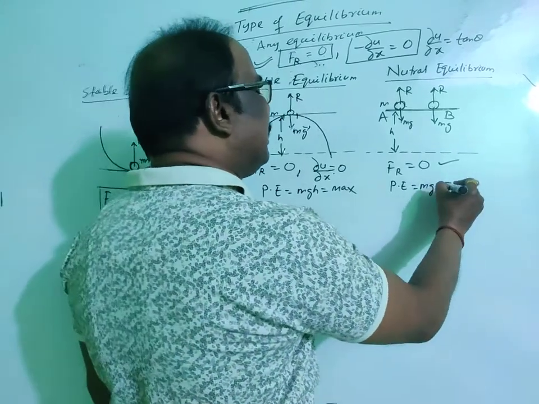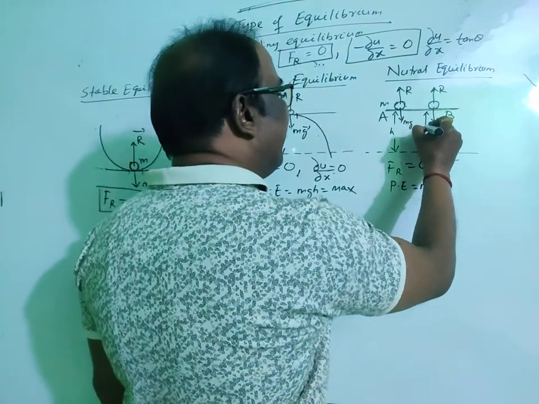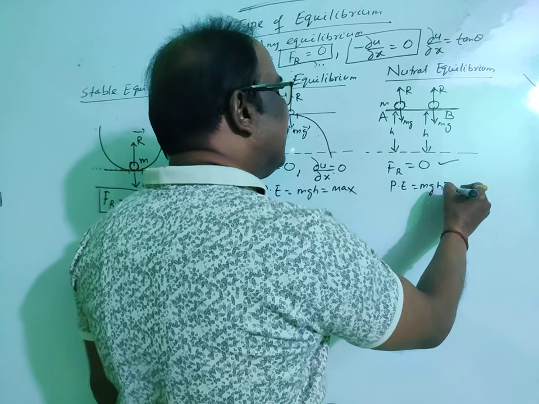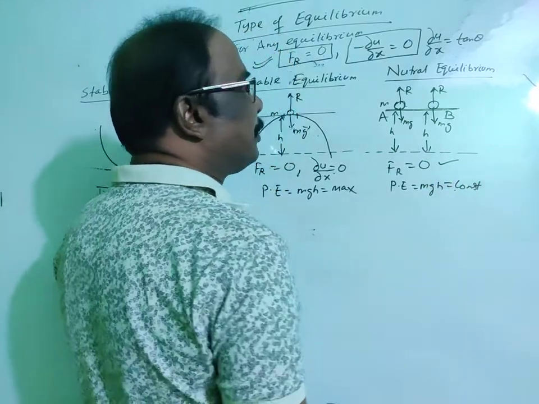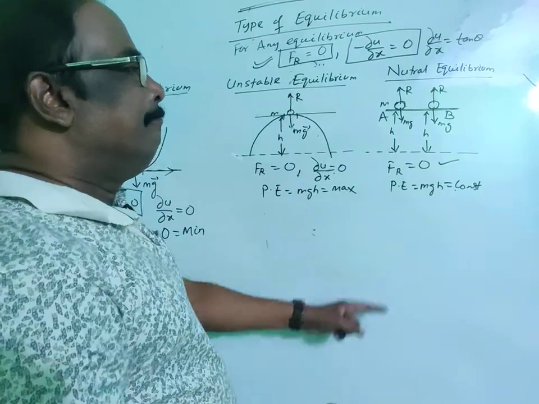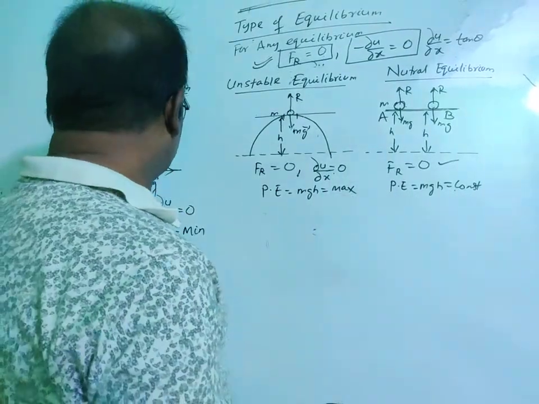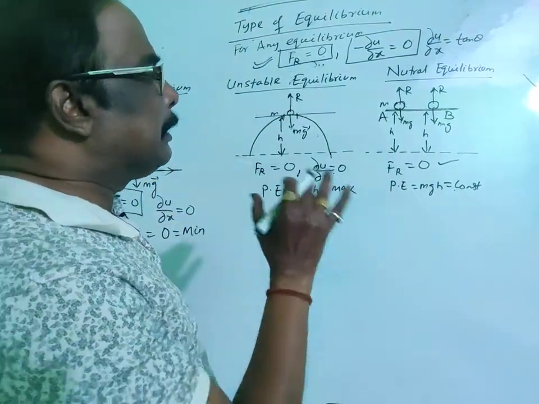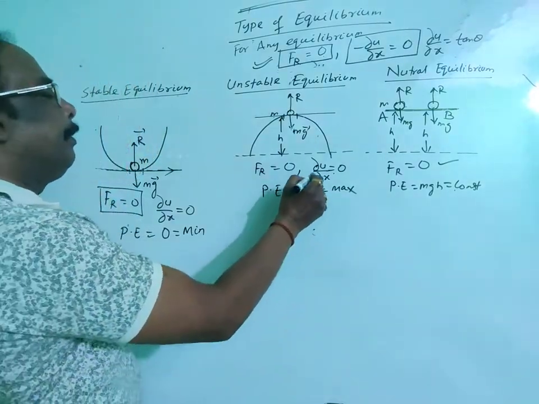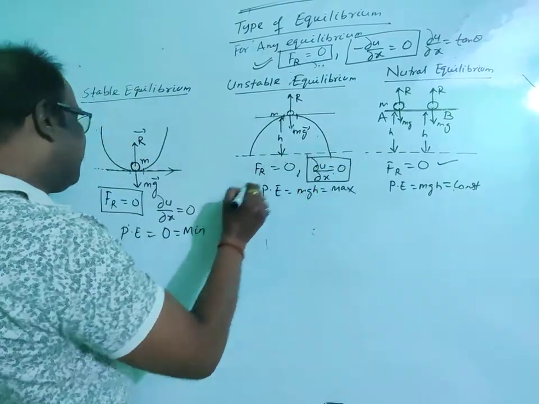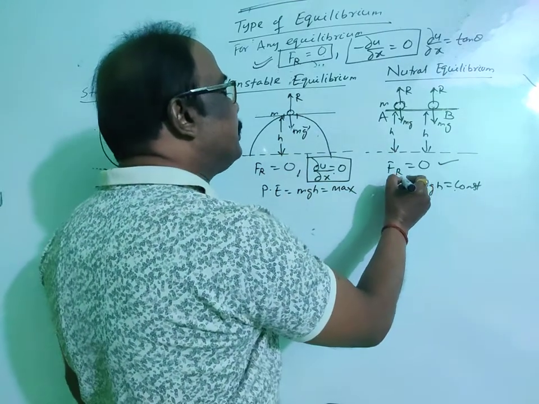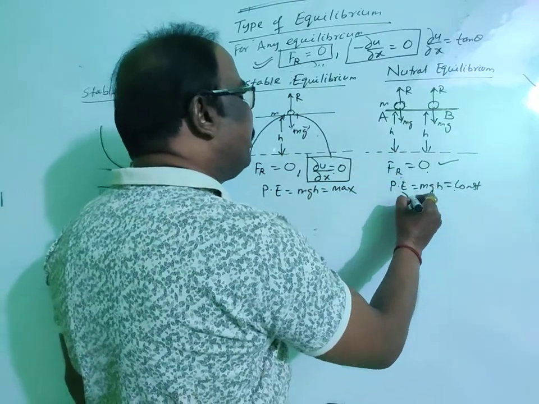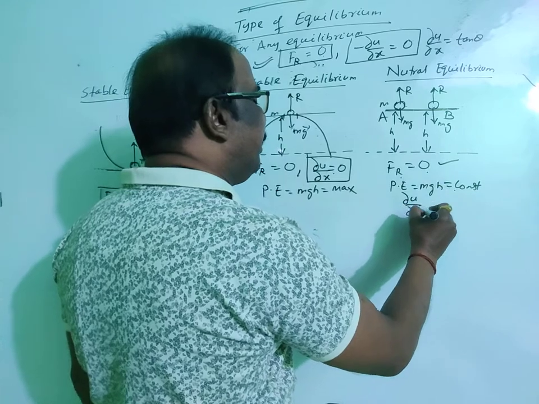The height is again h, so the potential energy is again mgh, which means potential energy is constant. Then we will see the other condition. Here also dU by dx is 0, and since the net force is 0, dU by dx is 0 here also.